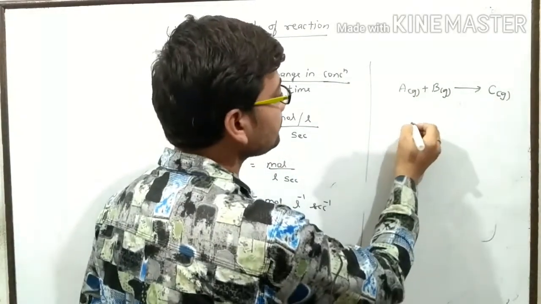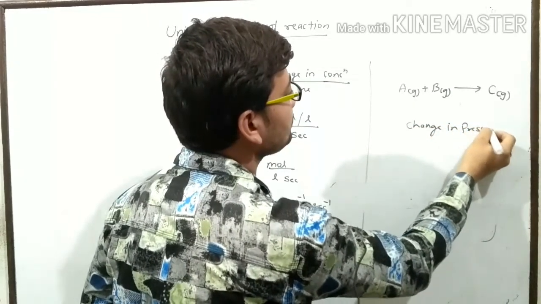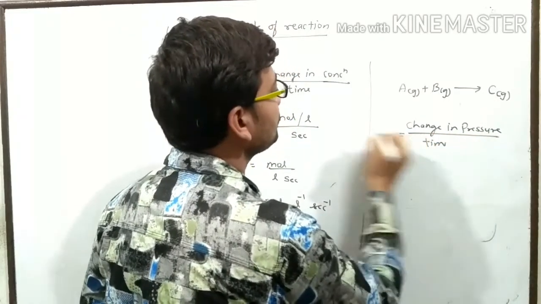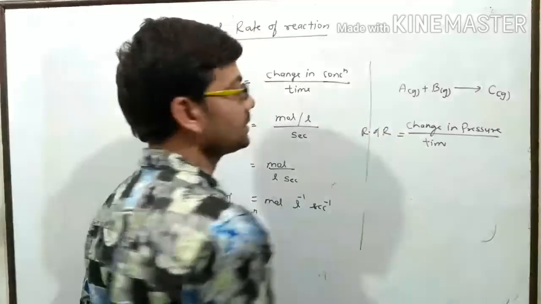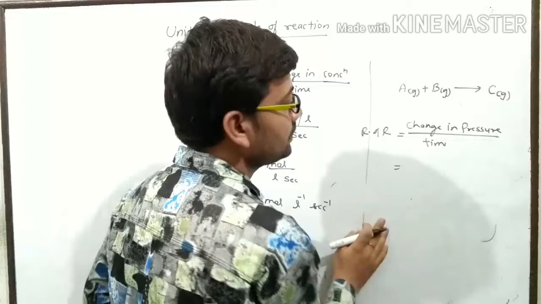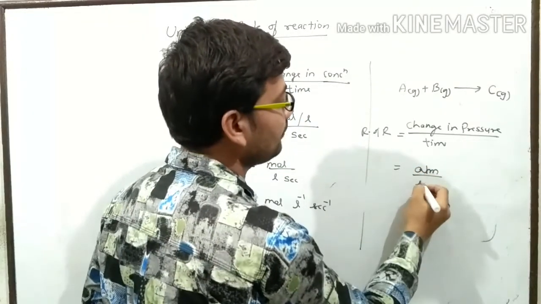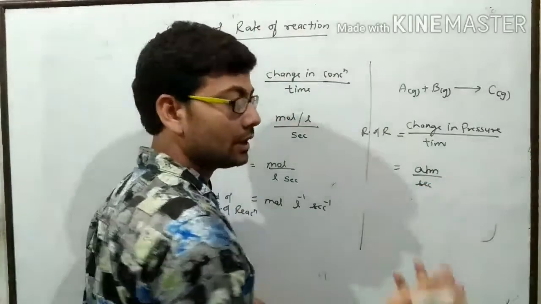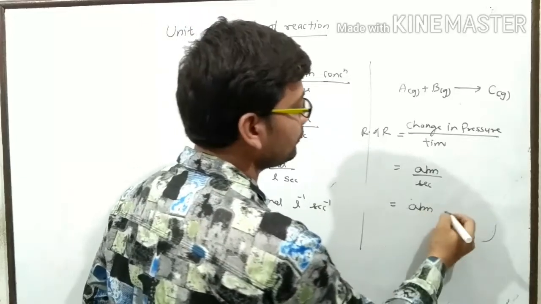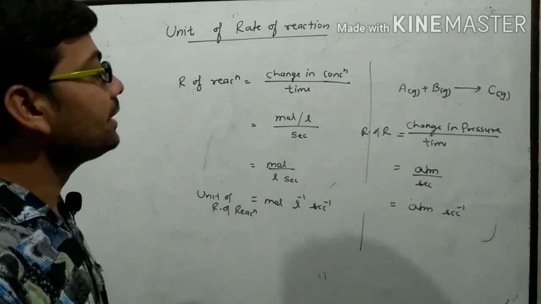So the change in pressure upon time is equal to the rate of reaction for a gaseous type of reaction. The pressure has unit atmosphere and time has unit second, minute, hour. So the unit of the rate of reaction is atmosphere second inverse.